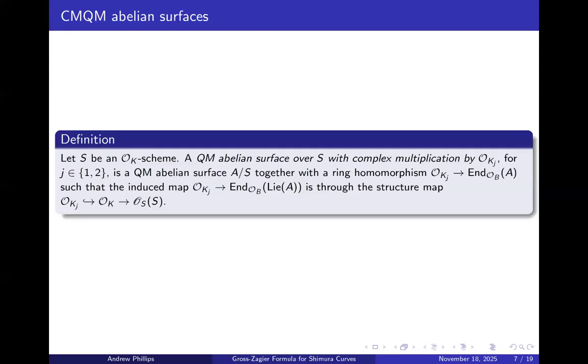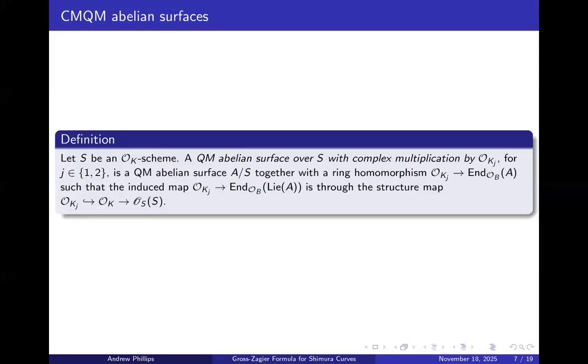And then there's some extra condition here, some kind of normalization condition, where we're going to assume that the action of OKJ on the Lie algebra of A is through the structure map. Meaning if you take the inclusion of OKJ into this OK, which is, remember, the composite of K1 and K2, and then map through the structure map because we're assuming it's an OK scheme, we assume that the action factors through the structure map here.